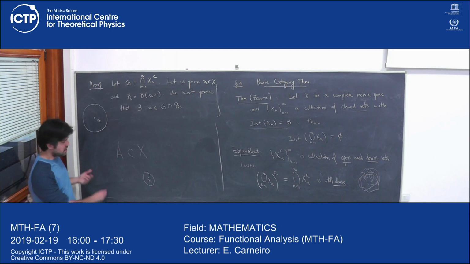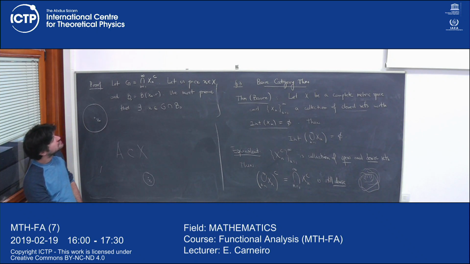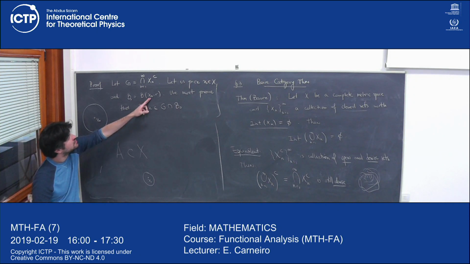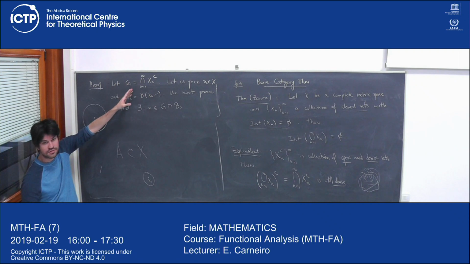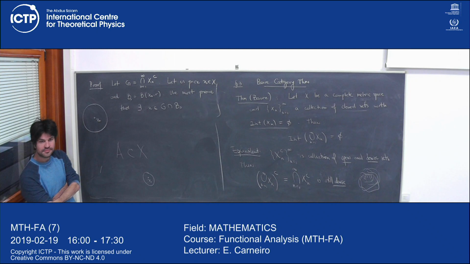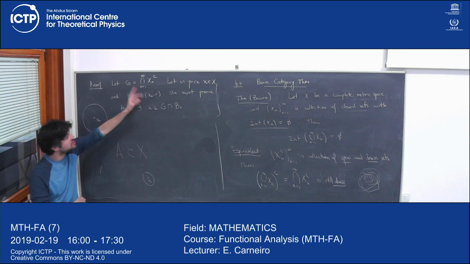Are they different from x naught? Because if x naught is in A, then it intersects with the point x naught. No, it doesn't matter. Actually, that's the definition of density: every open set has to intersect A. This x0 doesn't have to be in G, of course. If x0 is in G, then you're okay.